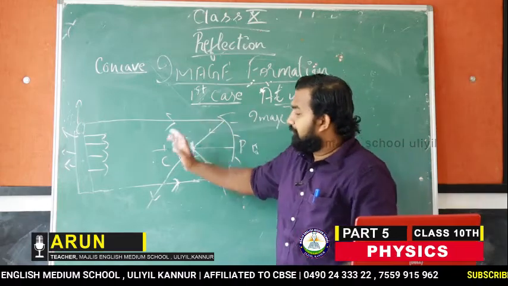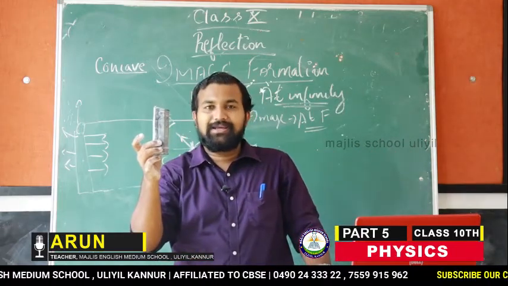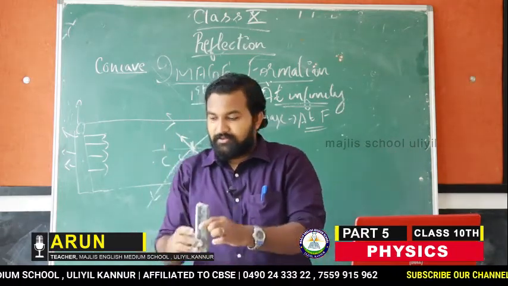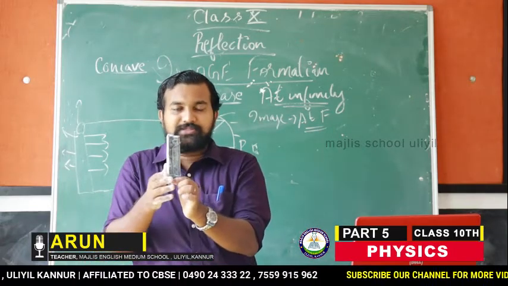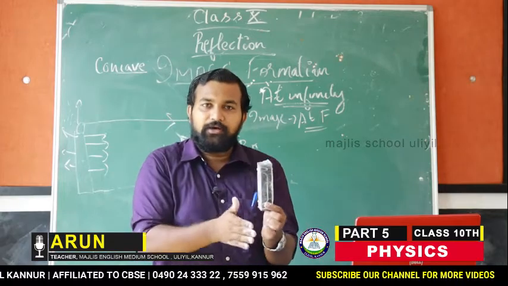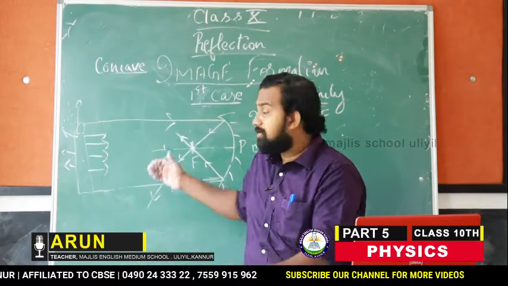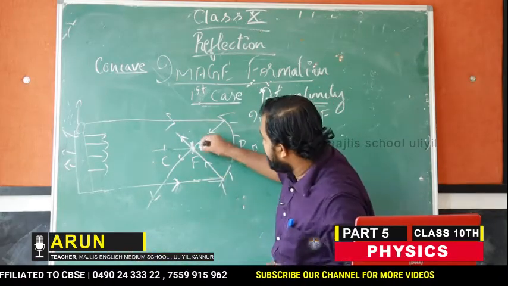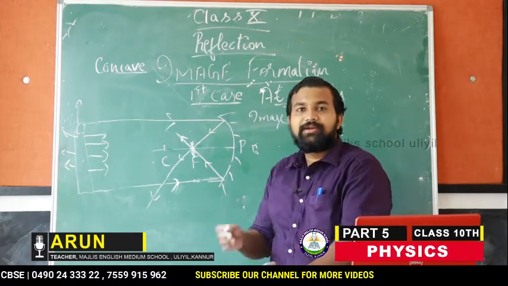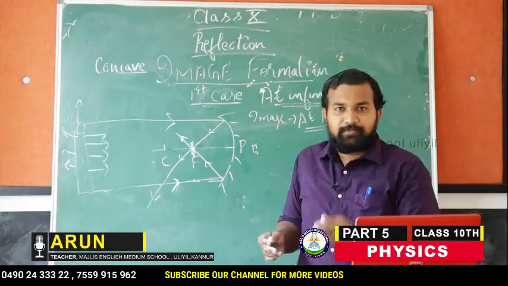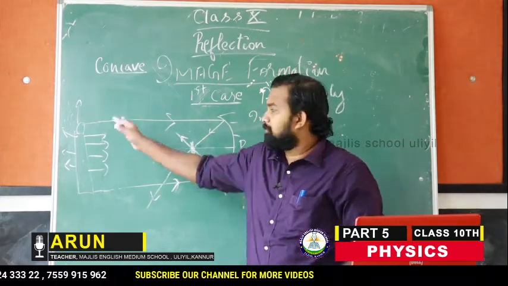Inverted in the sense that if the object is in the upright position, the image will be upside down, hanging down like this. That means we get the image in the opposite position of the object.